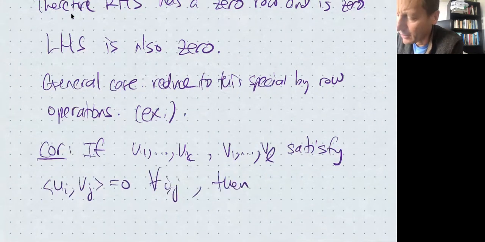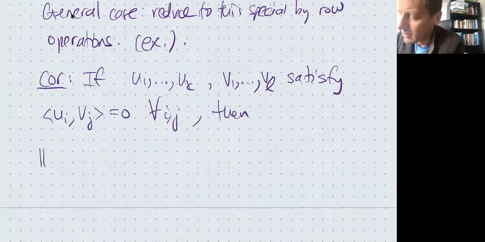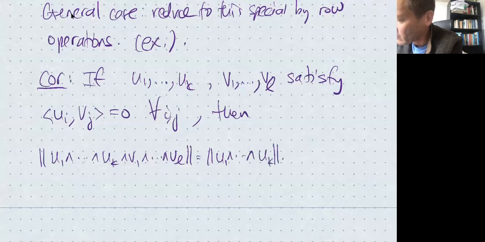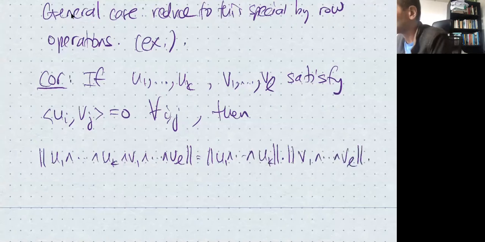Then the exterior power that you get by multiplying all these guys, its norm is the product of the norms. And actually, this is if and only if.